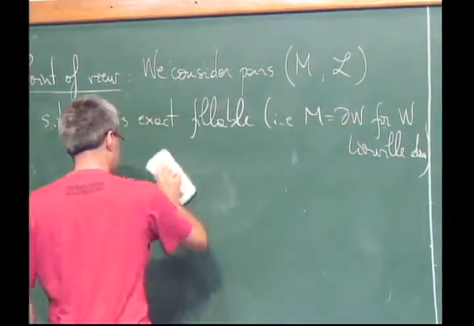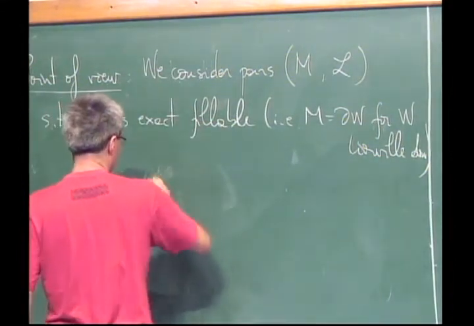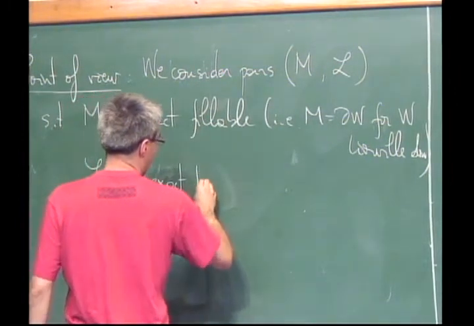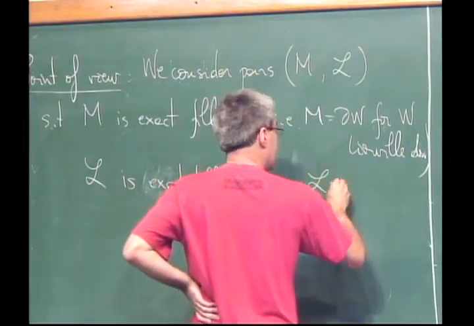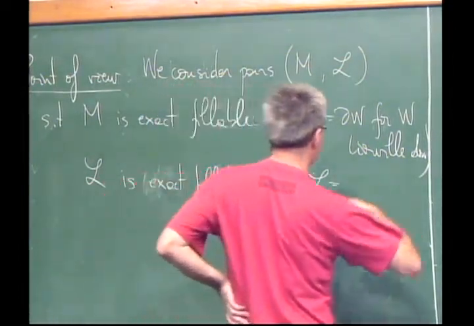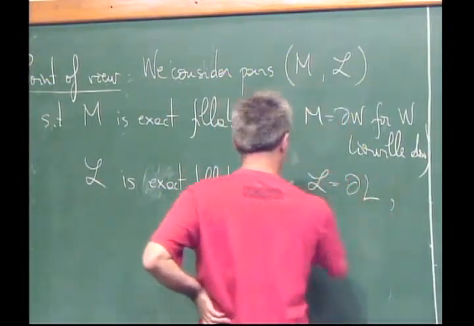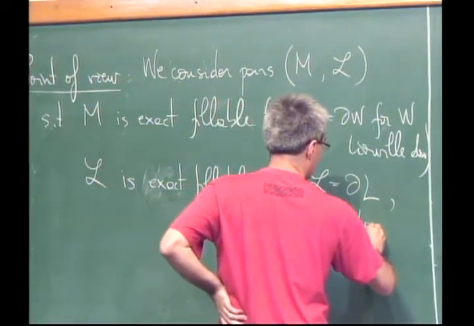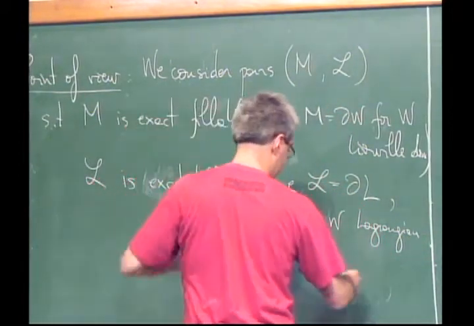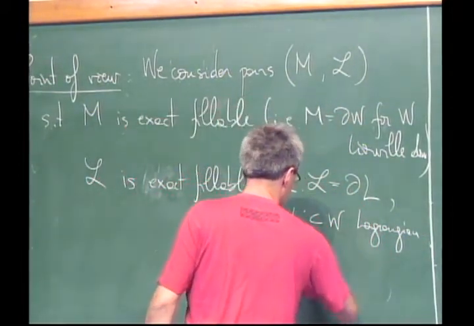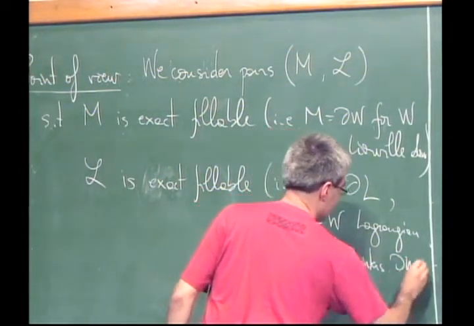Let me write exact fillable, meaning that L is the boundary of some Lagrangian contained in W, which is exact, and which intersects the boundary transversely.